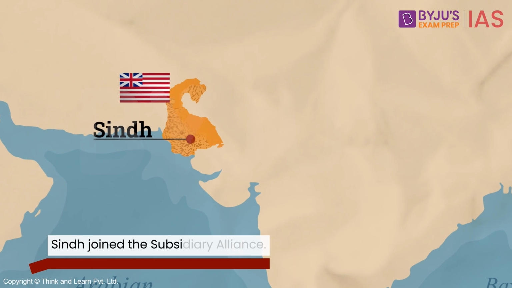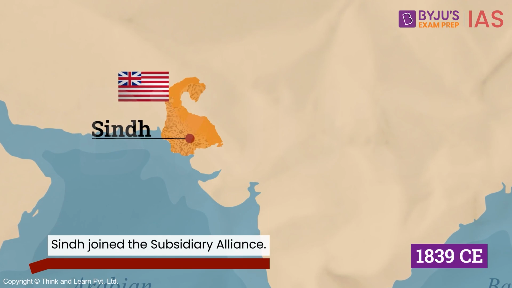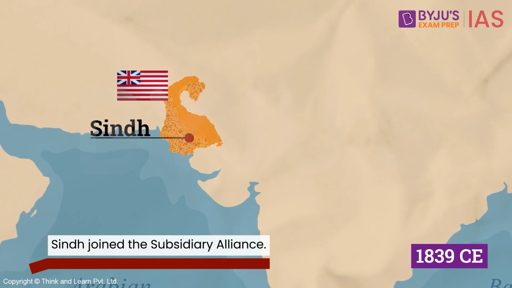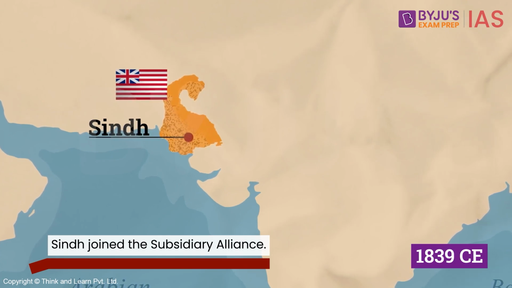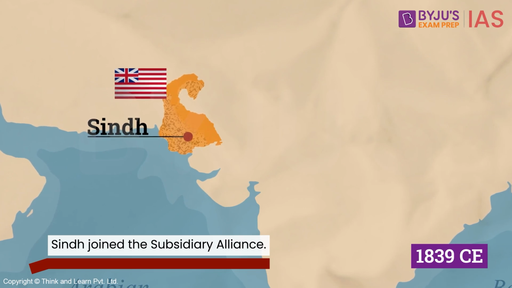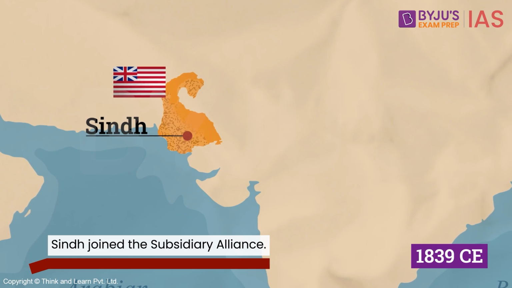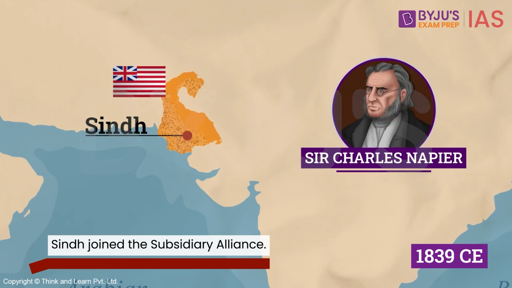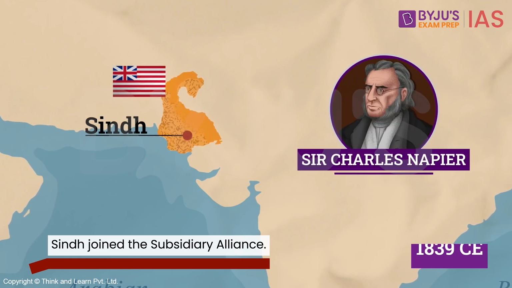Sindh joined the Subsidiary Alliance in 1839, which gave British considerable control over the region. Although the British had assured territorial integrity to the Amirs of Sindh, they annexed the region after a brief campaign by Sir Charles Napier in 1843.